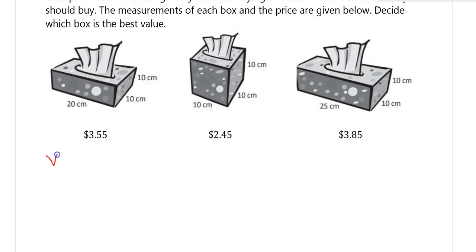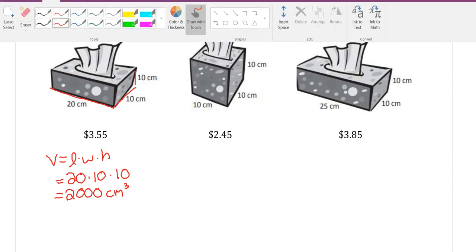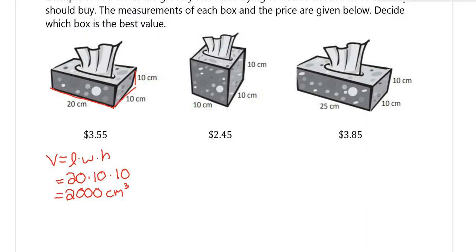So again, volume equals length times width times height. Here I have 20, 10, and 10. For this one, I get 2,000 centimeters cubed space for my tissues. Looking at my second box, volume equals length times width times height.